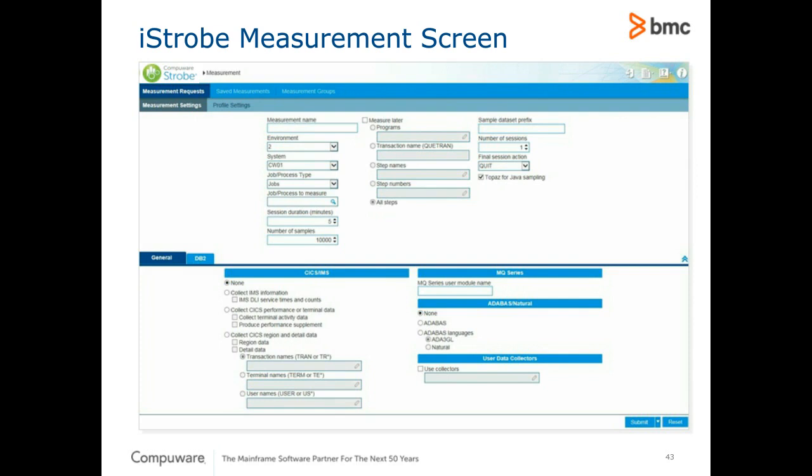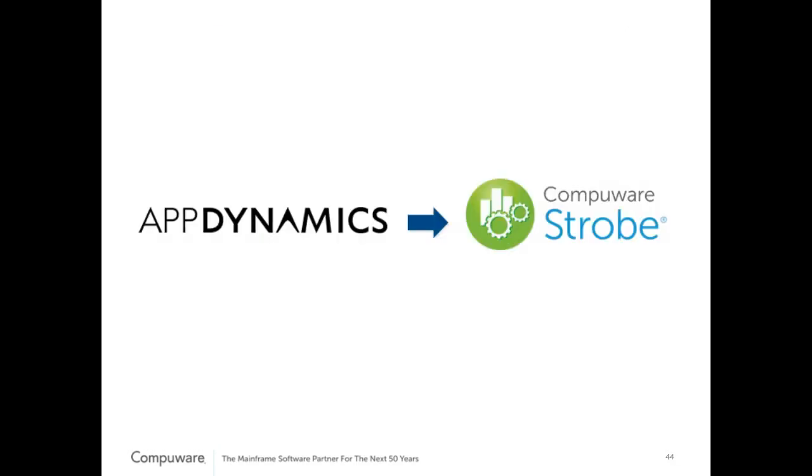So the next integration we'll take a look at is Cisco's AppDynamics. Now we're in the process of actually moving our installation of AppDynamics to another server, so I'll just be able to show you some of the screenshots here. But AppDynamics is a distributed monitoring tool, and it's for customer-facing web and mobile apps.